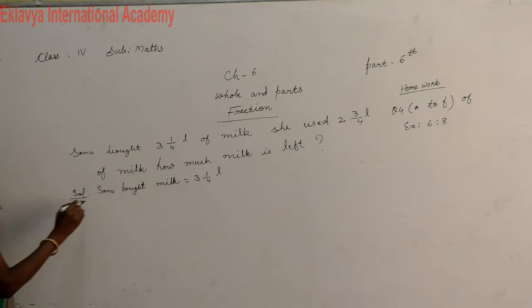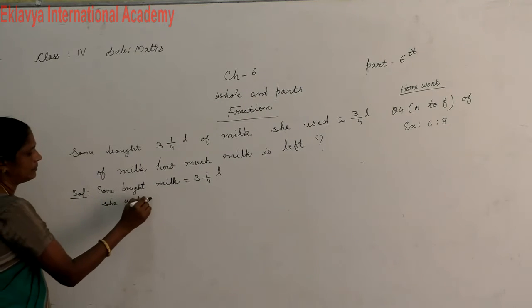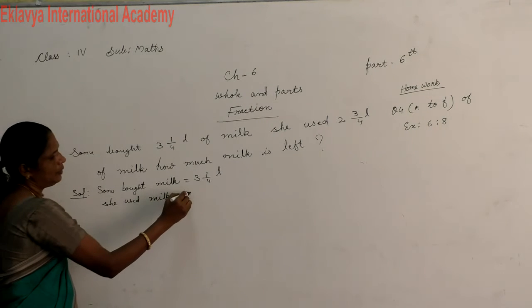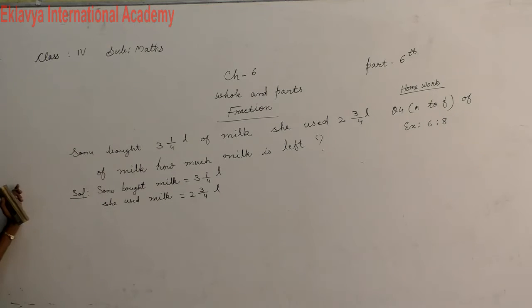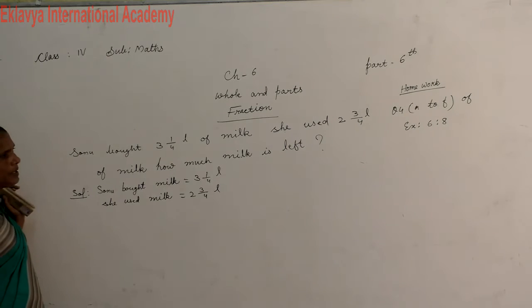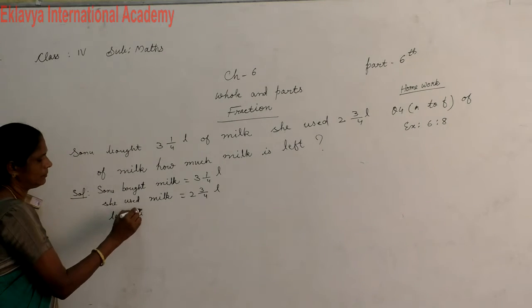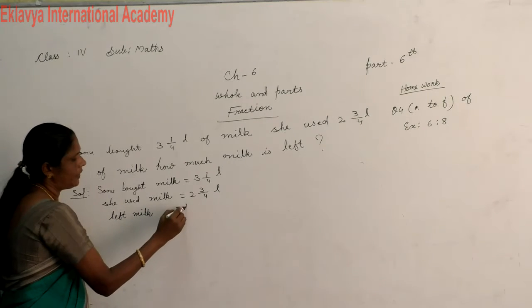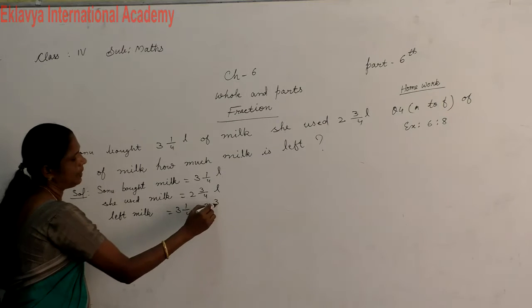Second line, she used is equal to 3/4 liter. Then next question, how much milk is left? Left milk is equal to 1/4 minus 3/4.